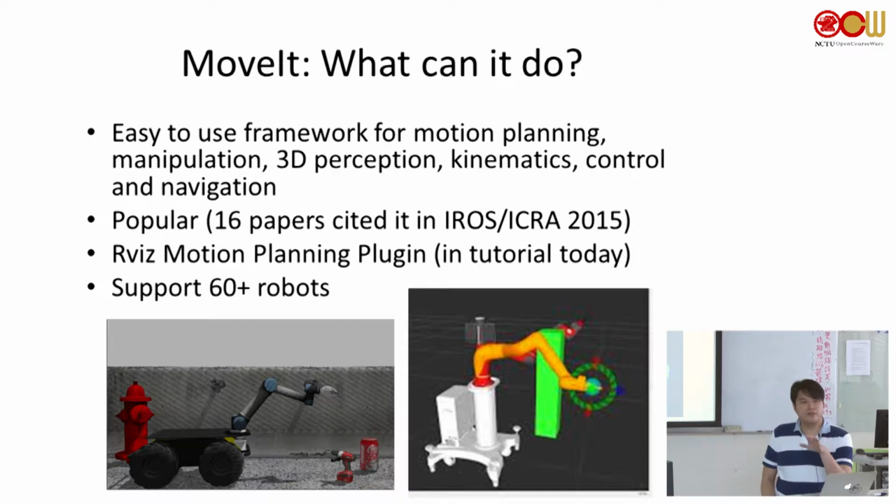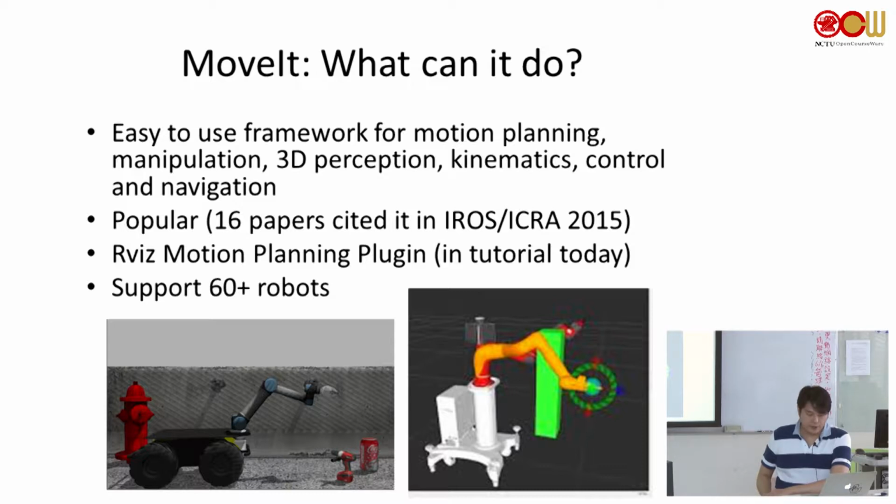Did we mention anything about the MoveIt package before? It's slightly different from AMCL or other things like GMapping. Essentially, MoveIt is a package with a framework for motion planning, manipulation, 3D perception, kinematics, control, and navigation. That seems like a lot, but essentially there are some established motion planning algorithms already integrated pretty well in this MoveIt package.